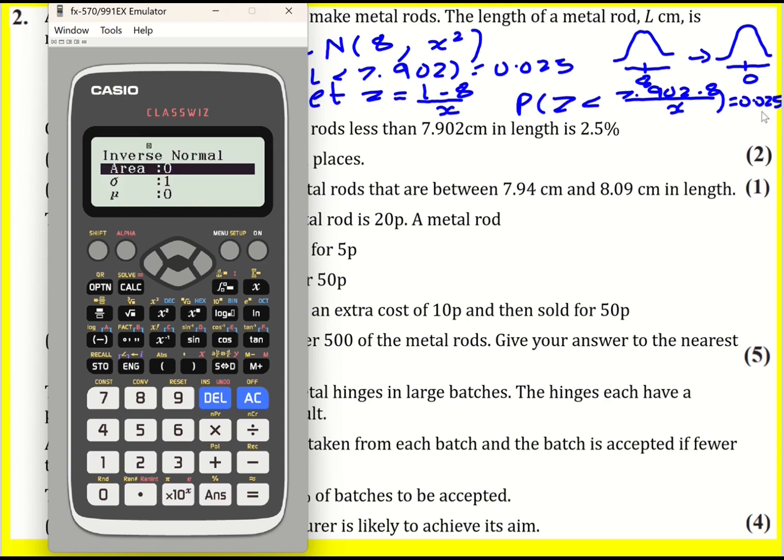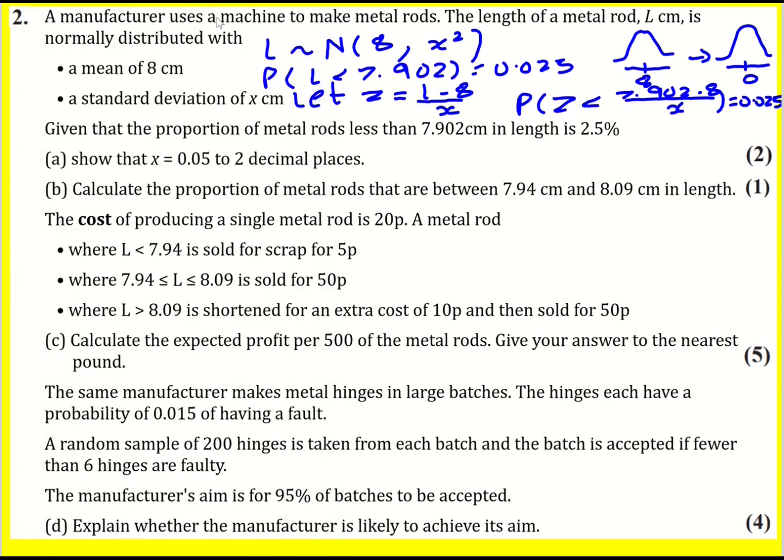Okay, it's already set up because it's a less than, so 0.025, keep all that the same, mean 0, standard deviation 1, and we get minus 1.9599.